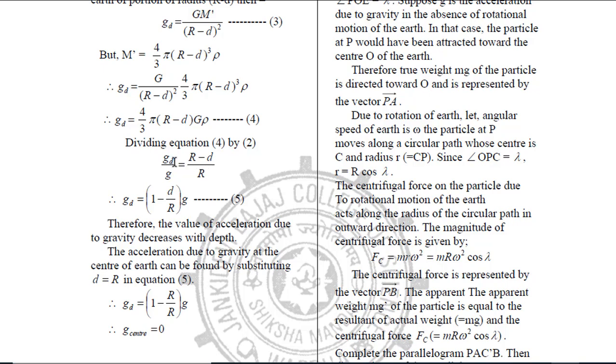And therefore, if we look at how g_d varies with depth d inside, unlike before, you will see this time they are directly proportional. Both are on top. The earlier one had one on top and one at the bottom, so when you see that, you know it is inverse proportional. But here you see g_d and d on one side, it means they are directly proportional. So what I want you to note is the formula g_d over g equals r minus d over r. Just remember, this one is directly proportional, that one is inversely proportional. You see here there are no squares.